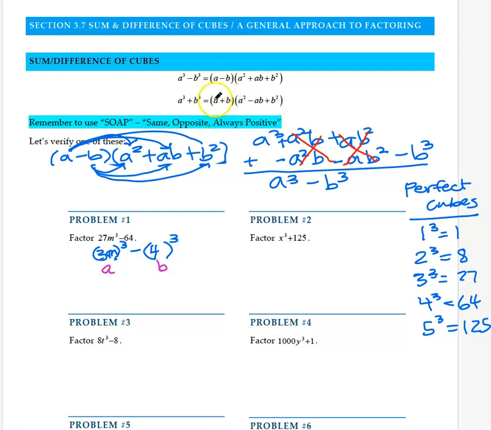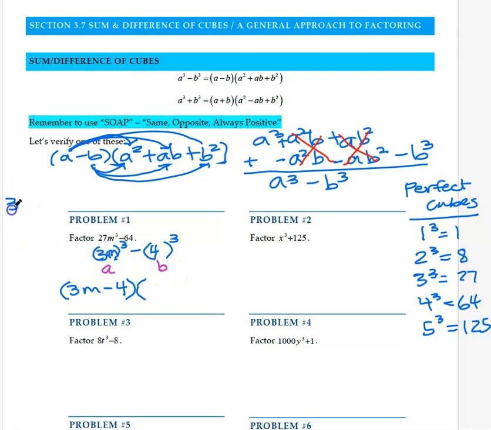And so those are the numbers that I'm going to be using in this formula. Now I'm going to look at this, and it's probably the easiest type of factoring as long as you have this memorized. So if I do my first parenthesis, a minus b, well, my a is 3m and my b is 4, and it says minus, so minus 4. Then in my next parenthesis, I'm going to write 3m all squared, because I need to take whatever that a is and square it.